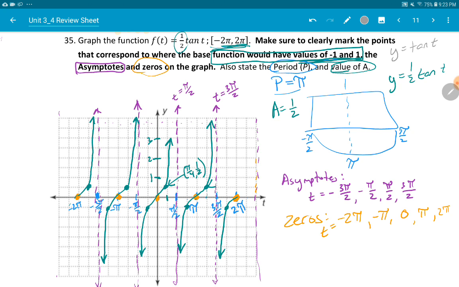The only thing that's changed is that 1/2 is in front, so that changes the stretch. So the original tan function looks like this and like this. You notice the difference is the green one is compressed by a factor of 1/2. All right, and that's all.